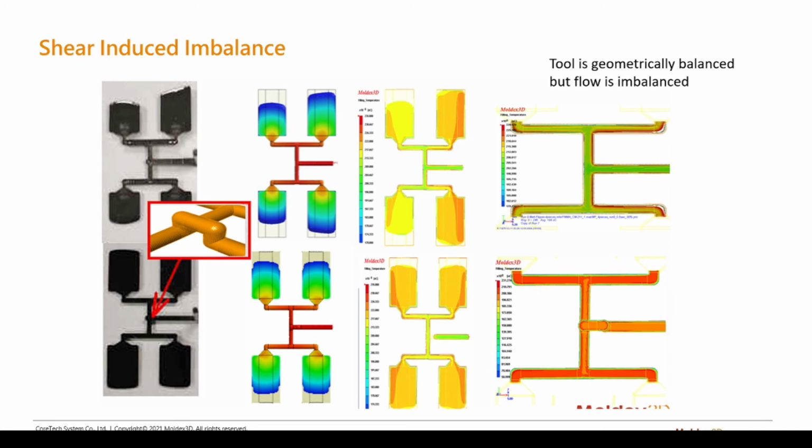As the moving material in the runner rubs up against the frozen layer in the runner, that is going to cause a high gradient of velocity, which will cause friction. That friction will heat the melt, or thin the melt, as you can think of it, causing a lower viscosity out towards this side here, and this side down here.